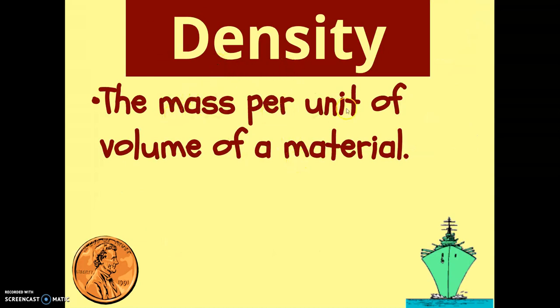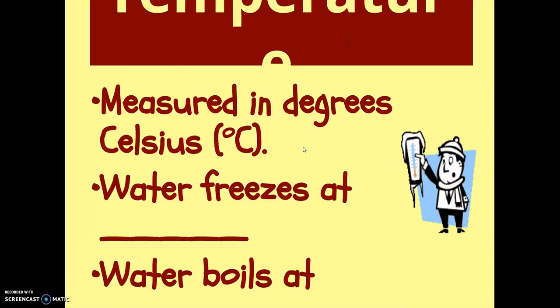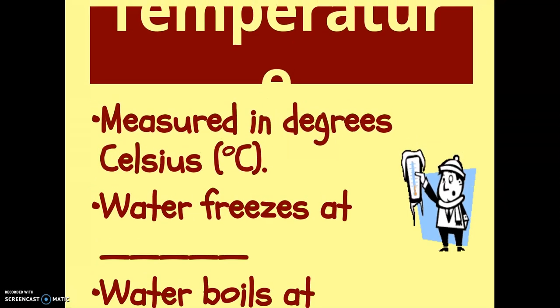Density is the mass per unit of volume of a material. And so the mass divided by volume, we're going to have grams over milliliters. Write that down, grams over milliliters. Temperature is measured in degrees Celsius. You guys can't see that, and the font is a little bit off for some reason.